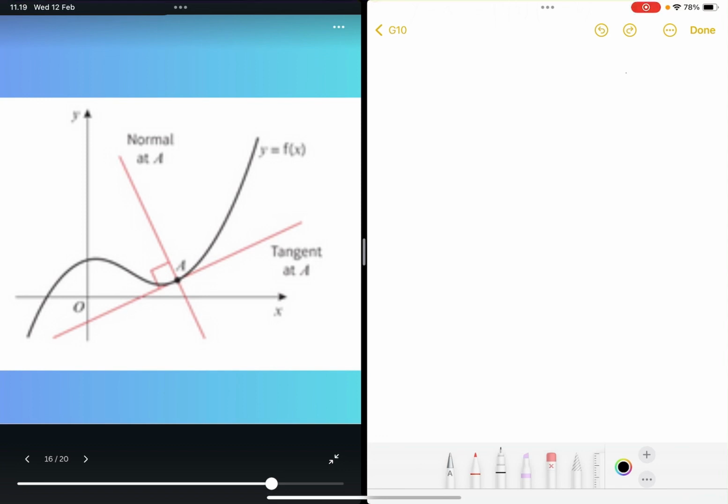Okay, that line is what we call the tangent. However, we have a new term which is normal. What is normal, miss? This normal line has a relationship with the tangent. What is the relation between them? If here is the tangent, and there is another line, that line is perpendicular to this line.